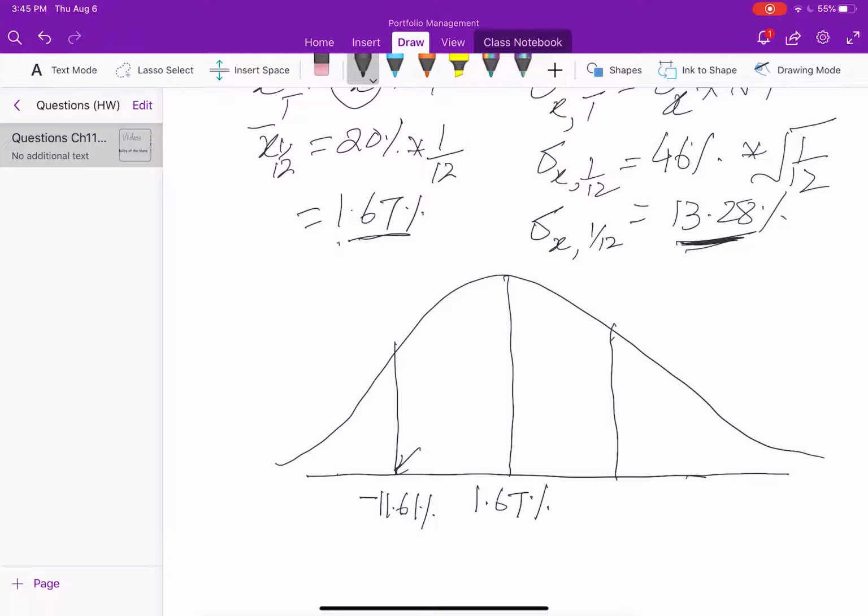If I add the standard deviation to the mean, we come to one standard deviation on the right-hand side, which is 14.95%.